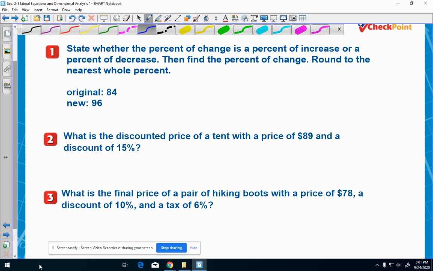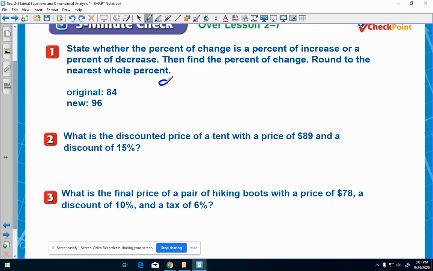All right, so if we're checking out question number 1, remember, if you want to find the percentage of change, you need to take the amount of change. So that's going to be 96 minus 84, and you are going to divide that by the original amount. In this case, the original amount is told to us, so we don't need to look at which one happened first. We know that it's going to be 84. We get a value of 12 over 84.